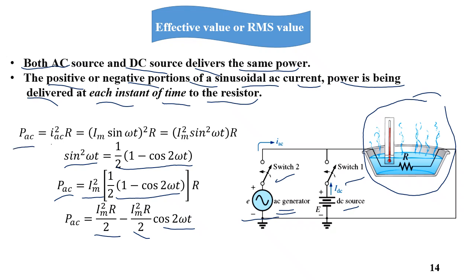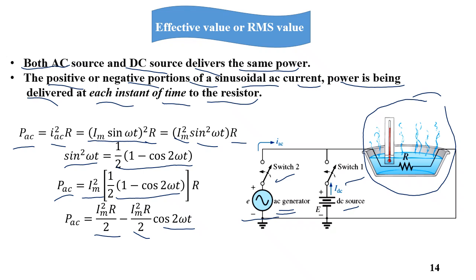The power in AC equals I AC squared times R, as we obtained it here: I maximum sine omega t squared times R, I maximum squared sine squared omega t times R, as we substituted below.